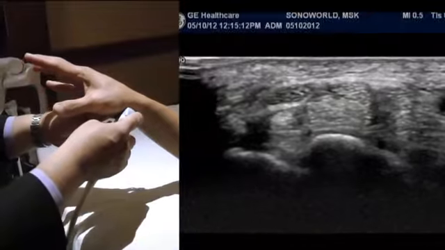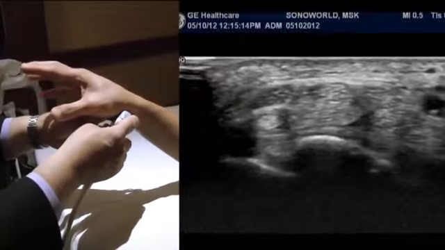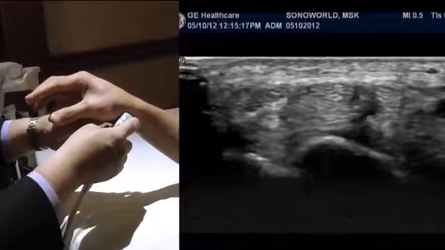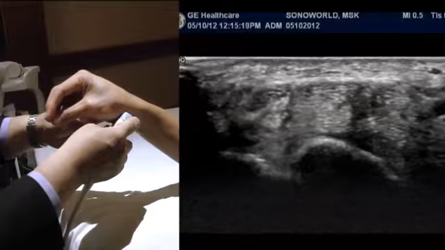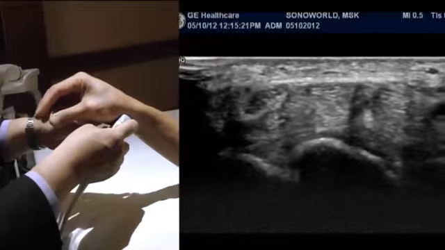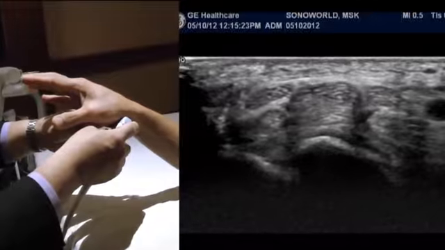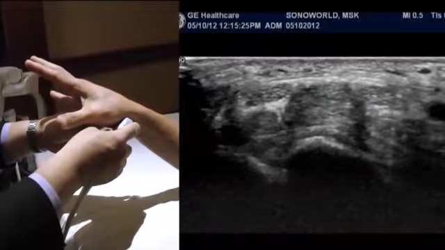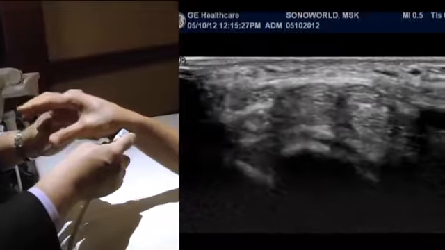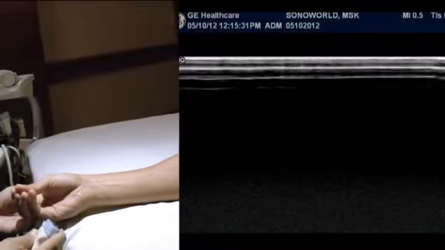As we look at it again, as he looks at his fingertips and as he closes them together, you see the normal translation of the tendons, but no abnormal subluxation or dislocation of the median nerve. So that would be the type of dynamic imaging that we could take advantage of when we look at the carpal tunnel.